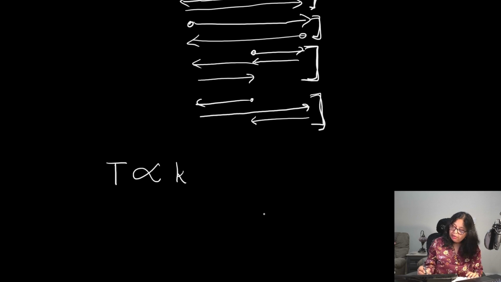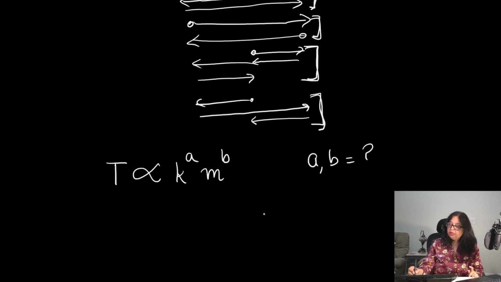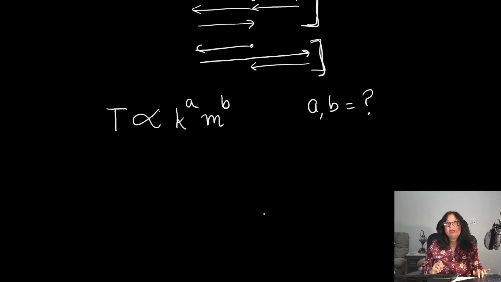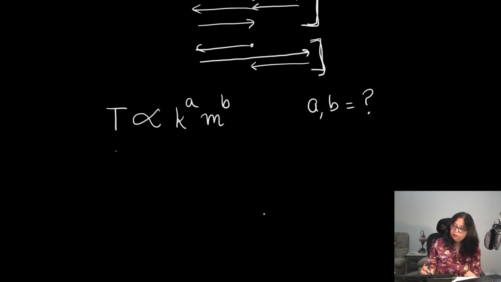Okay. Now, spring constant K, it is measured in SI units of newtons per meter. We'll get to that. So time period depends on K to the power A and mass M to the power B. And we're asked to determine the value for A and B using the techniques of dimensional analysis. All right, we'll do that.